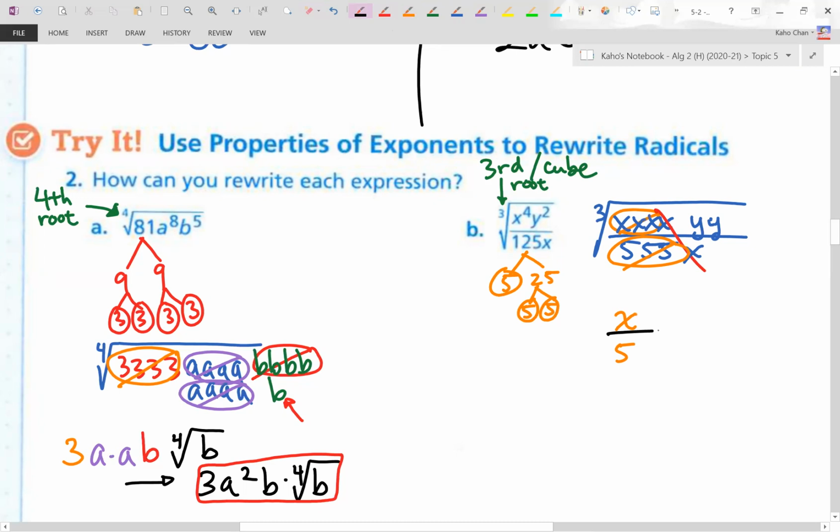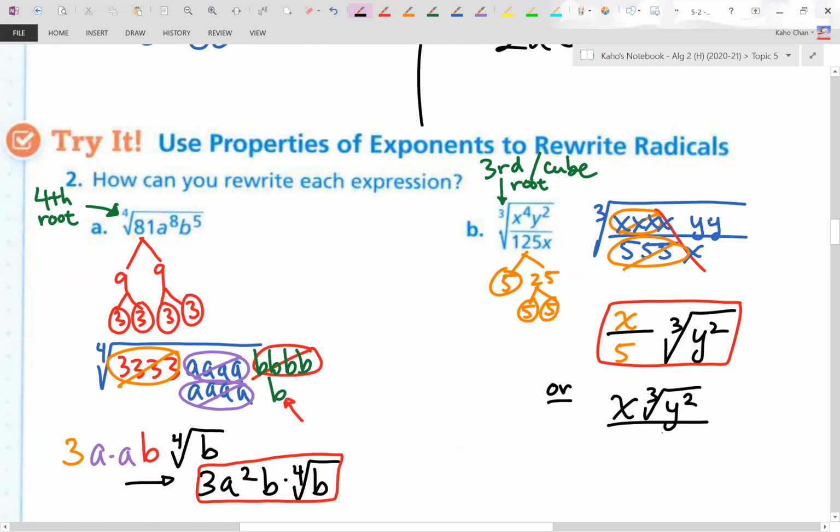But then we have this couple of pair Y's that are stuck underneath the radical. Like this. And there's your answer. Okay? I mean, you can put the radical in the numerator only. That would be fine too. So this will work too. They're both acceptable.